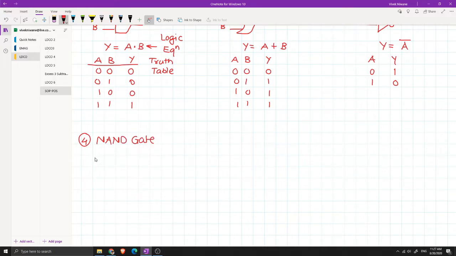Its symbol is just like the AND with 2 inputs, but this time the output is complemented or inverted. So we can have the truth table A, B. Let us write down the logic equation: Y is equal to A dot B, whole bar. This is the logic equation, and let us write down the truth table.